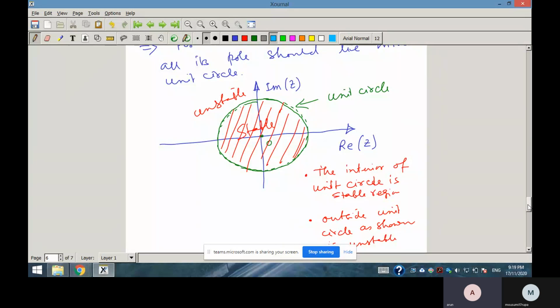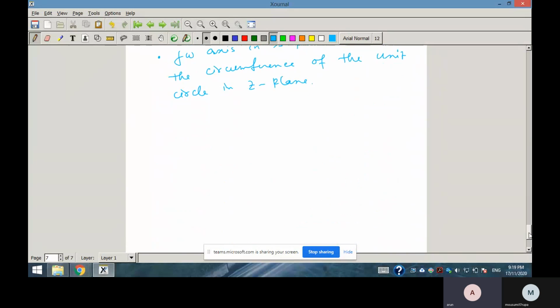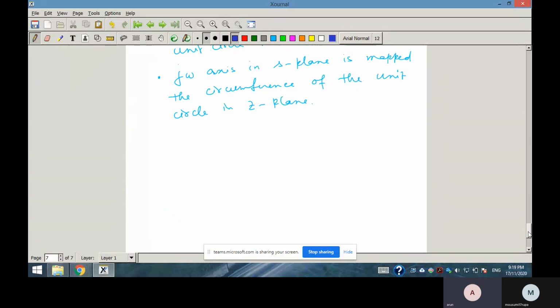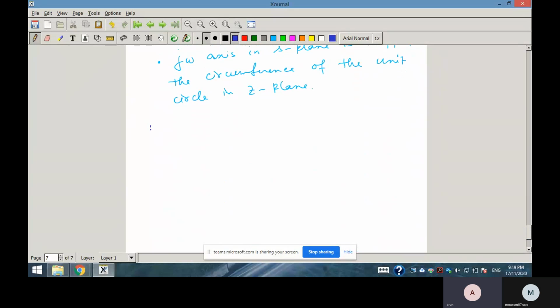I will discuss that through a very simple example. There is some mathematical derivation, but I am not going into that. That is done in the digital control class.